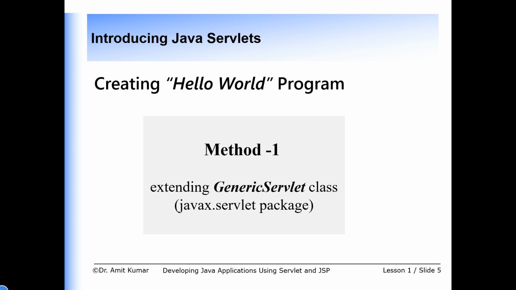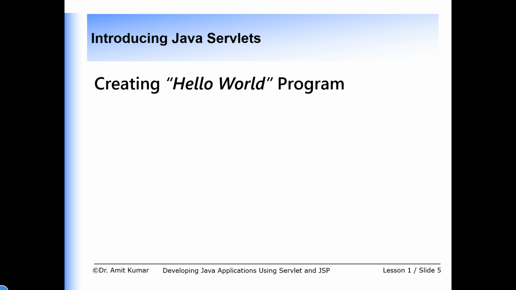GenericServlet class exists in the javax.servlet package. In the previous session, I gave you a brief introduction to the servlet API. We have two important packages, the javax.servlet package and the javax.servlet.http package.